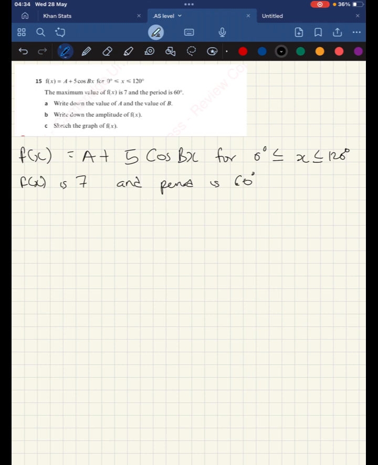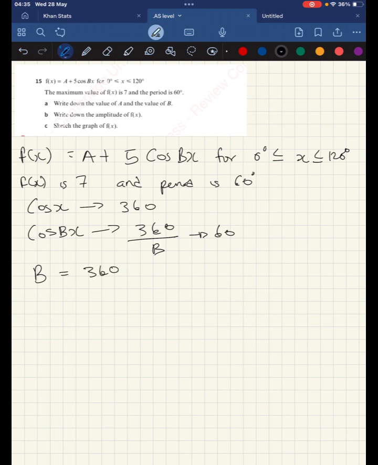We also know that the period of cos x is 360, and the period of cos bx, from our previous transformation, is 360 divided by b. They've told us this is 60, therefore b is equal to 360 divided by 60, which should give us 6, right?